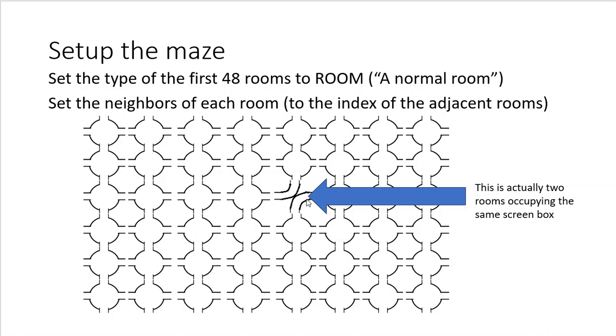So every time we take a room and convert it into a tunnel, we're adding an extra room onto the maze. That room is going to get its neighbors from the original room, and it will have the same coordinate on the screen as well.